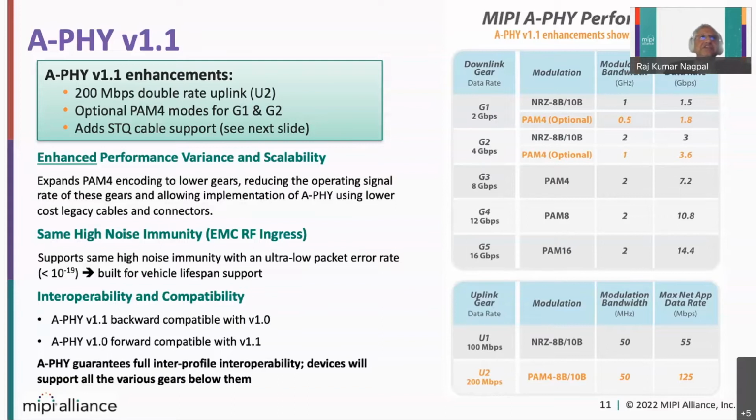That is the advantage that this STQ cable provides. The same high noise immunity and EMC, RF noise source aggressor capabilities are unchanged between A-PHY 1.1 and 1.0, and the data rate enhancements are there. It is going to double your data rate due to the STQ cable. So these are all the enhancements in A-PHY 1.1.